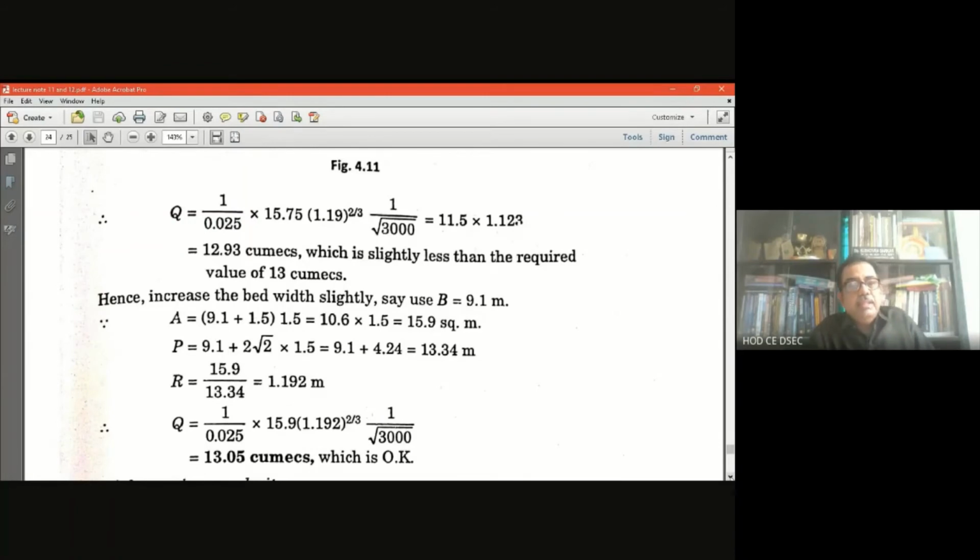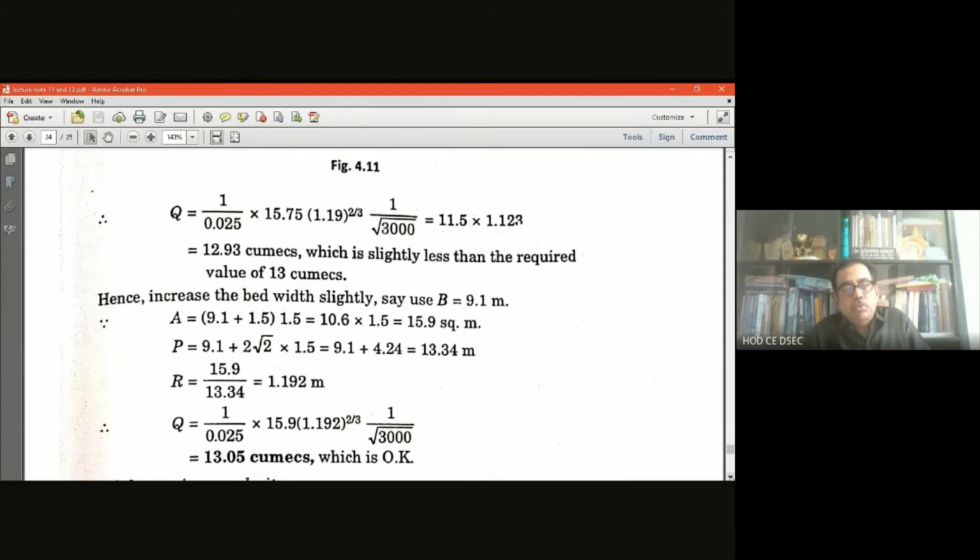So it is marginally less than the required 13 Qmax, so it is an inadequate section to carry the 13 Qmax. It will not be suited for this section.